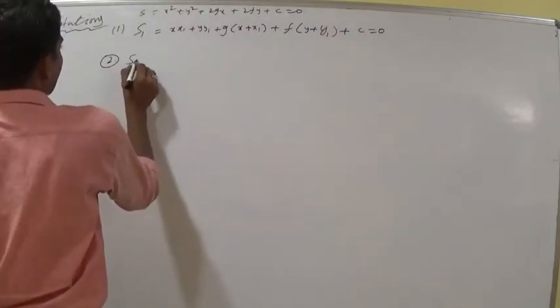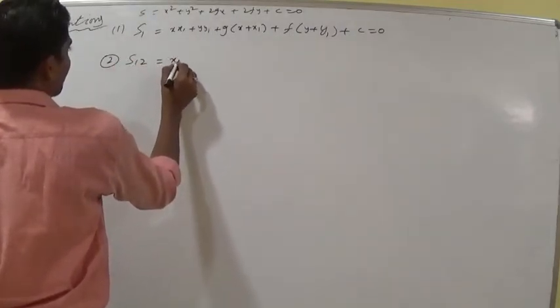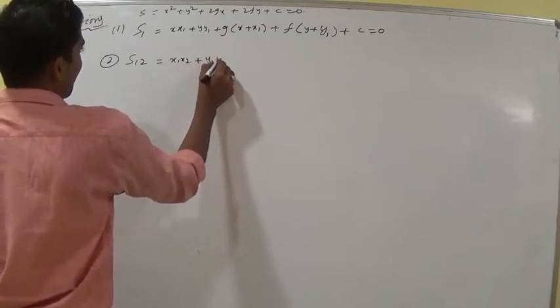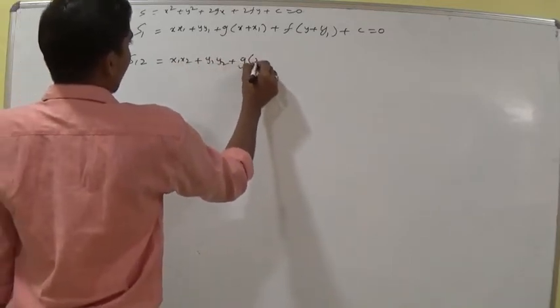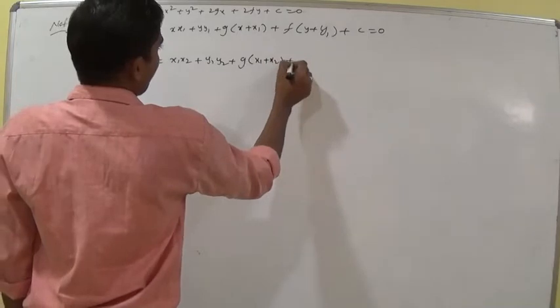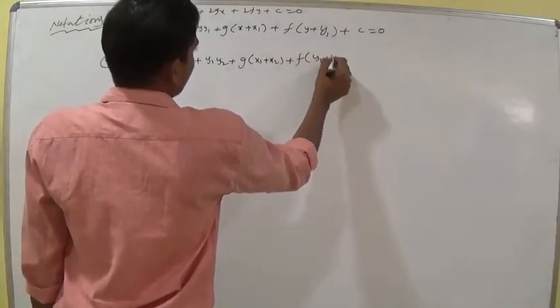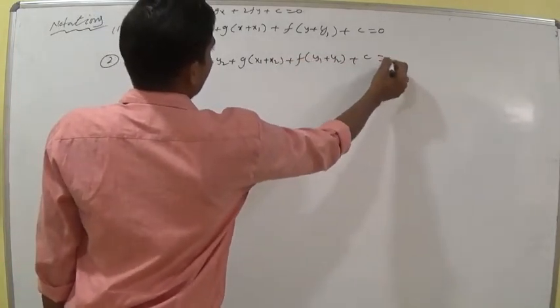Second thing, S12 = x1x2 + y1y2 + g(x1 + x2) + f(y1 + y2) + c = 0.